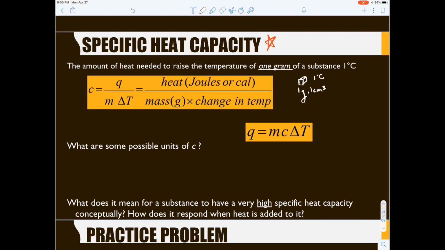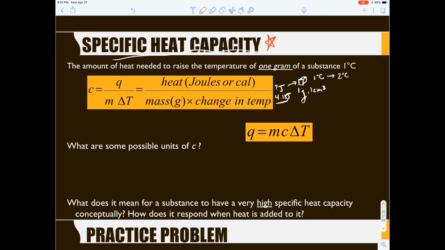How much heat do you have to add to that gram of water in order to change its temperature from 1 degree to 2 degrees Celsius? The amount of heat you would have to add would be 4.18 joules. And that is called the specific heat capacity of water.